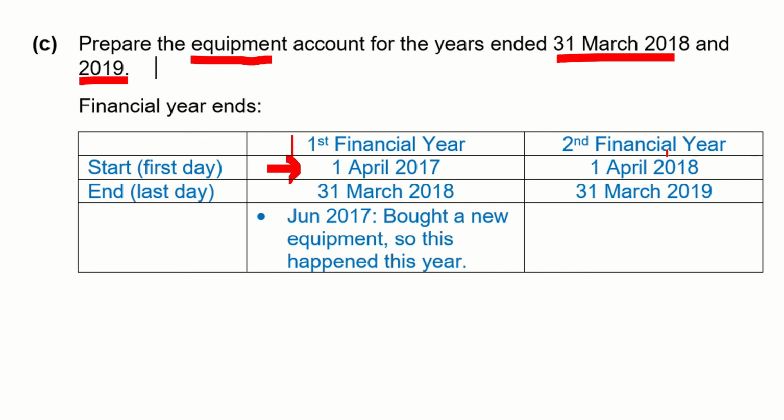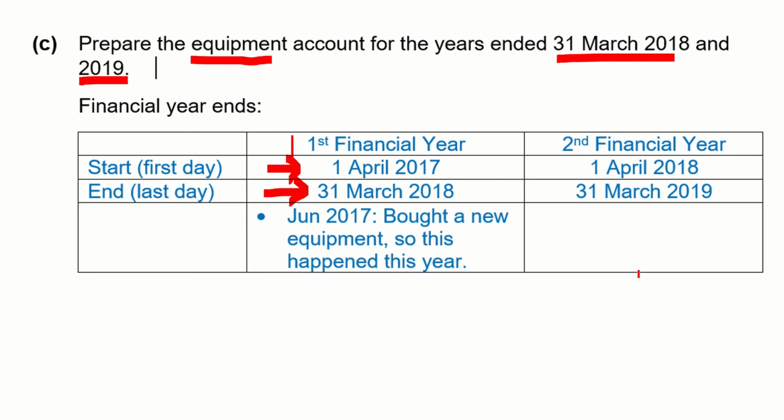The last day of the first financial year is 31st of March 2018. It is in this very first year that the business bought a new equipment in June 2017. Now, June 2017 happened in the first financial year. So this transaction needs to be recorded in the equipment account for 2017.